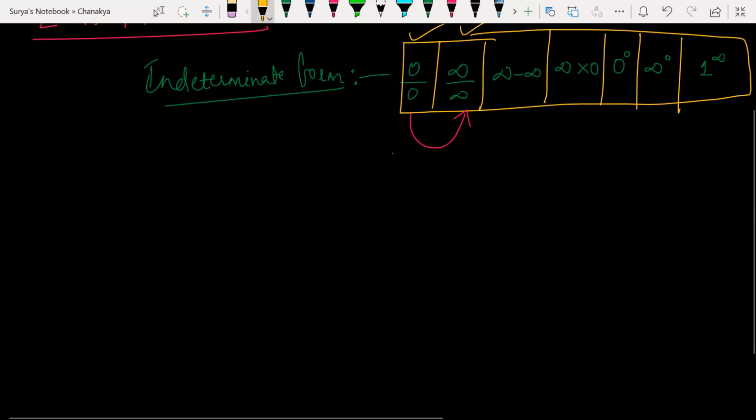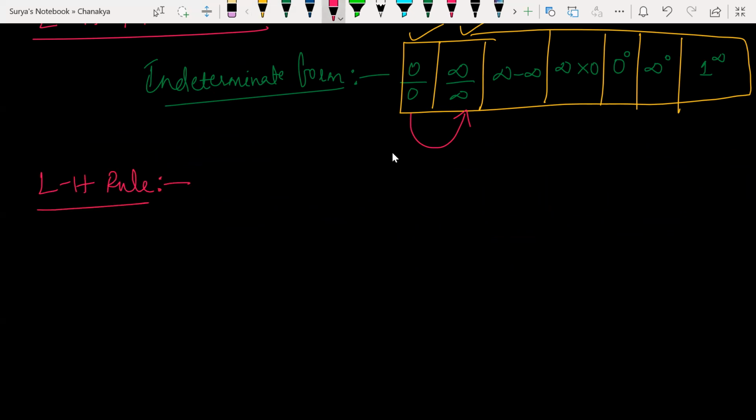So first, LH rule. Simply we call this LH rule. LH rule is nothing but L'Hopital rule. Okay, so look at this here. What does it say?